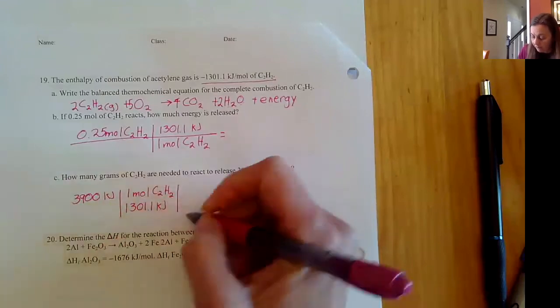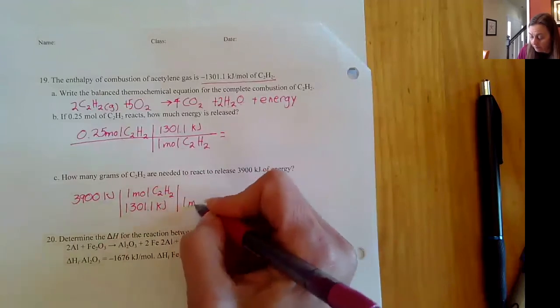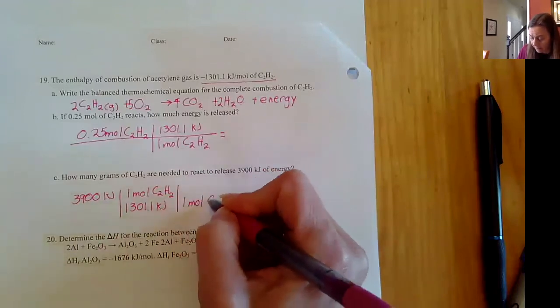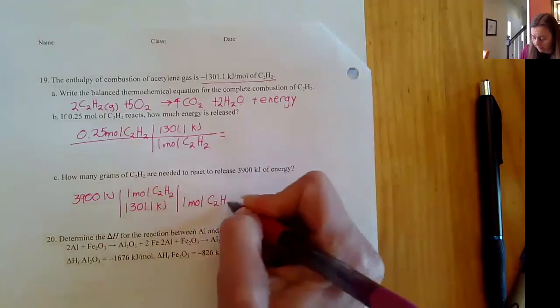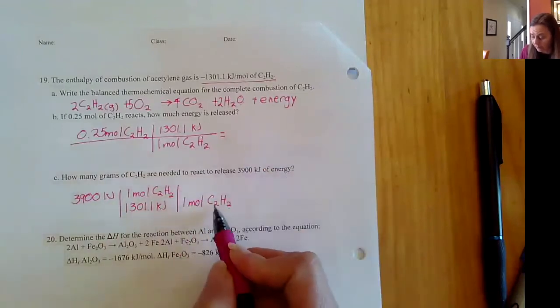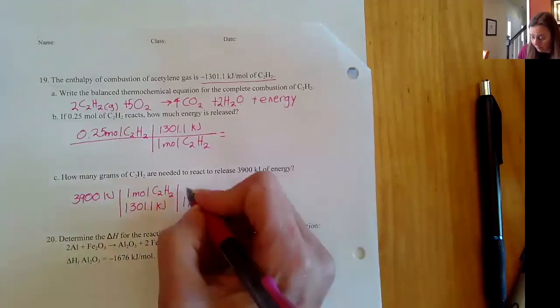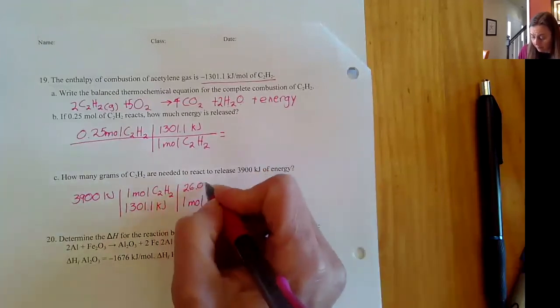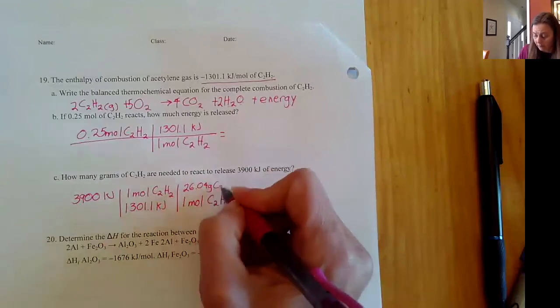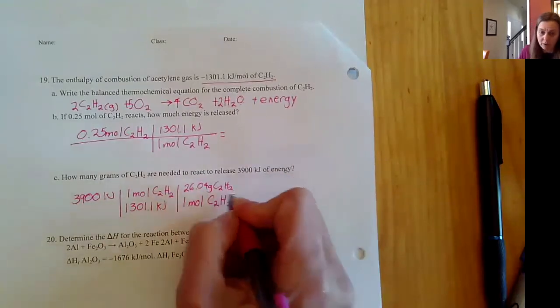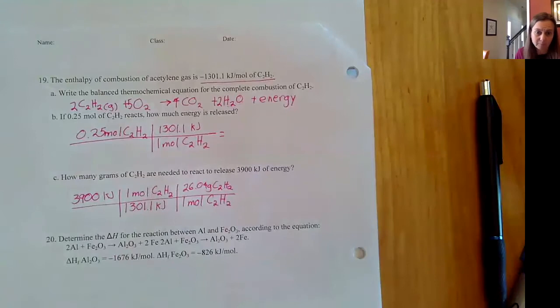And every 1 mole of acetylene gas has a mass of, let's see, 2.02 plus 24.02 is 26.04 grams of C2H2. And it's just a stoichiometry problem.